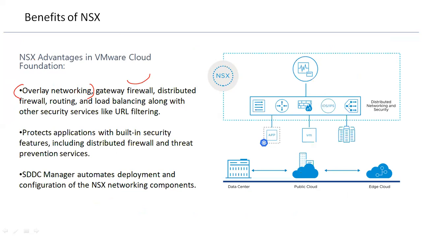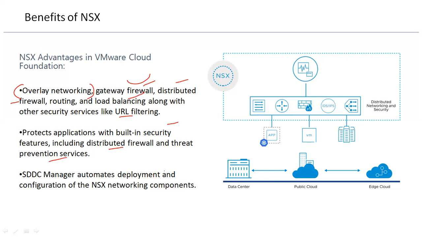We can protect any kind of communication moving outside of our data center, any ingress or egress. We can put the distributed firewall on any traffic moving within the data center among multiple VMs or applications. Then load balancing functionality, URL protection, and protecting applications with built-in security such as distributed firewall and threat prevention services.